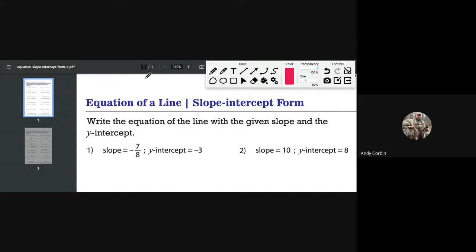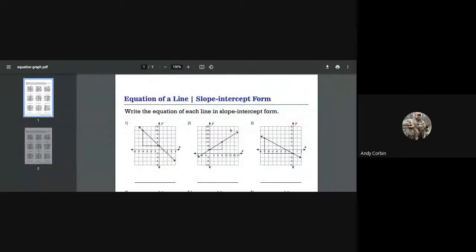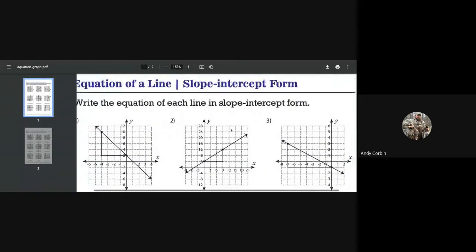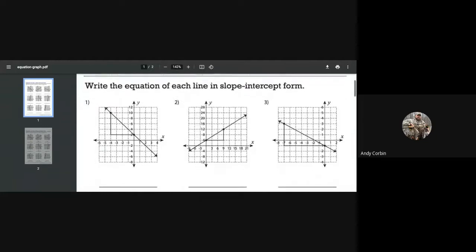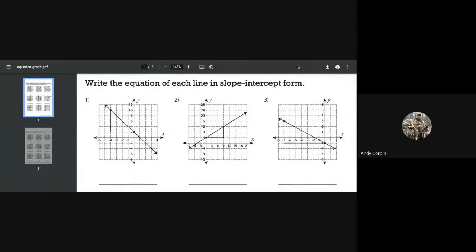Okay, this is what the next piece looks like. So here are three graphs. Can everybody see the three graphs? 1, 2, and 3. Come on now. You guys got to talk to me or this is going to be longer than it needs to be. Yeah, we can see them. Okay, thank you.